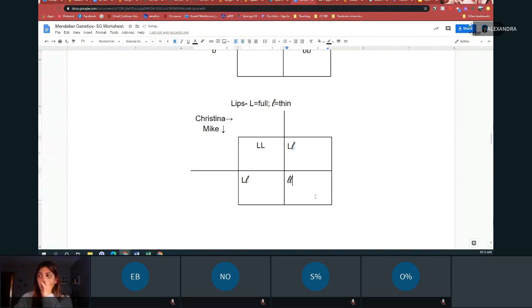two little l's. So if we're trying to work backwards, there is a possibility that Christina and Michael, either one of them, is going to have one or the other, right? But we know that there is a 75% chance that he was going to be getting it. So in our boxes, we can be putting in a big L and then a big L, and then we could have a big L or a small l.